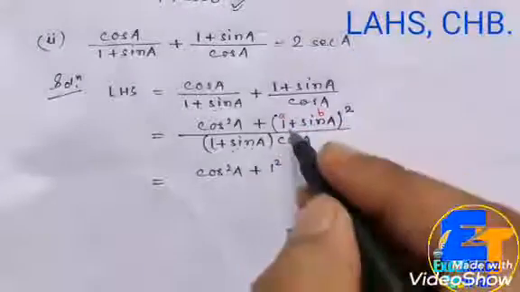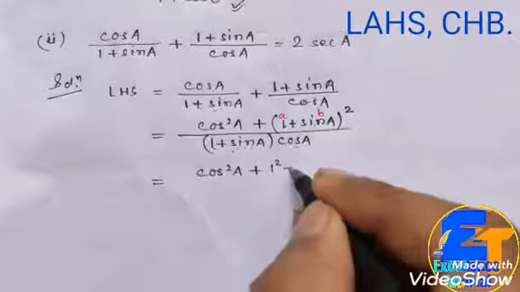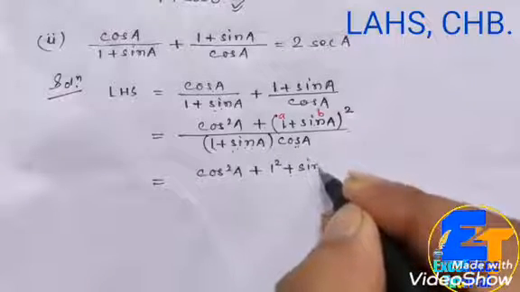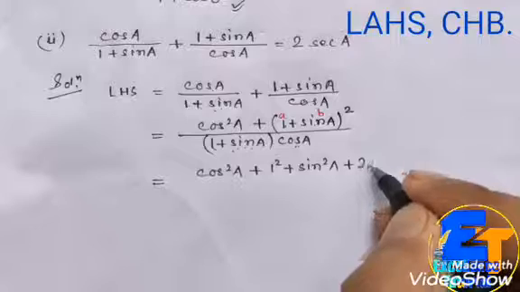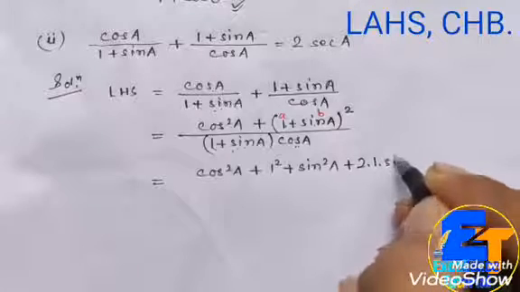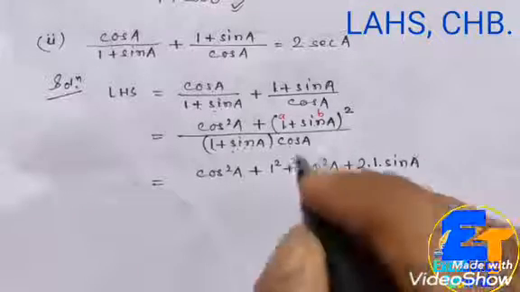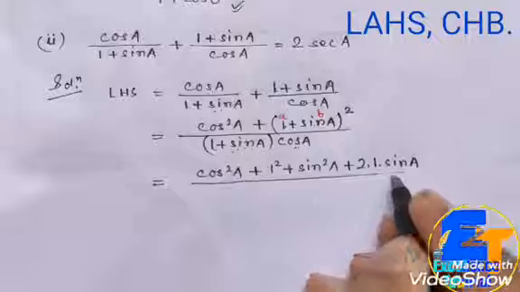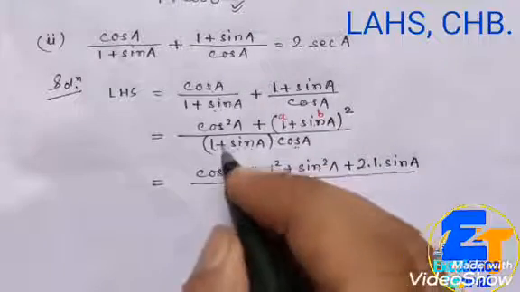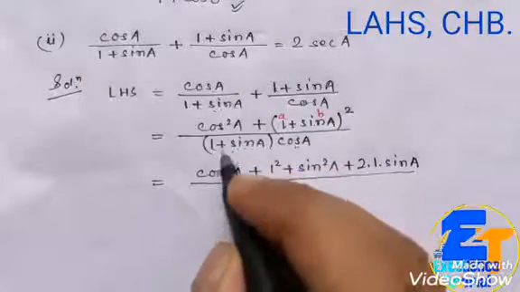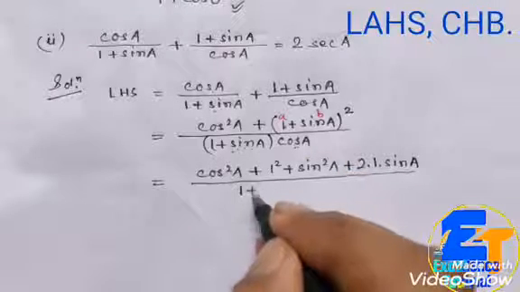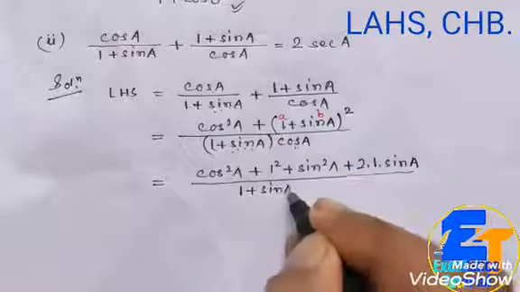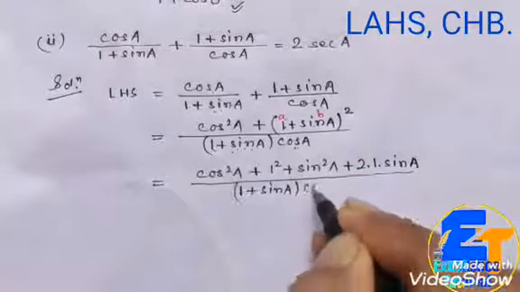So a square plus b square, that is sin square A, plus 2ab, that is 2 into a into b, at denominator part, write the ratio. Whatever the terms exist here, write as it is: 1 plus sin A cos A.